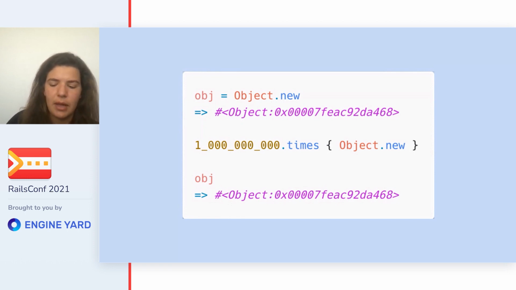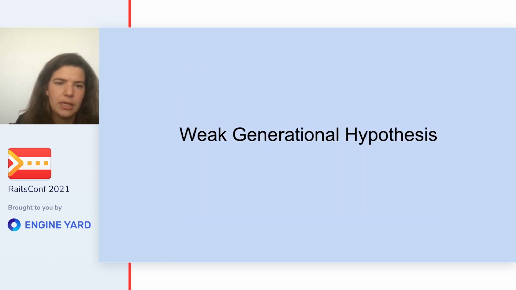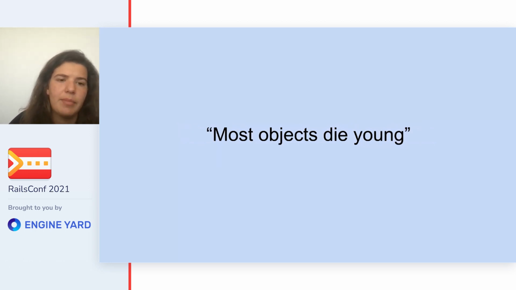Which brings us to another strategy Ruby's garbage collection employs called generational garbage collection. And this is built on the weak generational hypothesis, which sounds fancy, but is basically the concept that most objects die young.